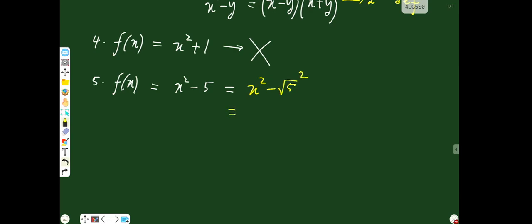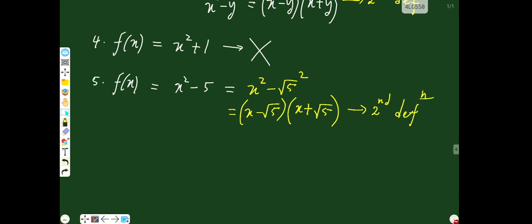So this is going to be now (x minus square root 5)(x plus square root 5). So this is again factorization. So what definition did we use? We used the second definition, which is simplifying the statement into a simpler level.